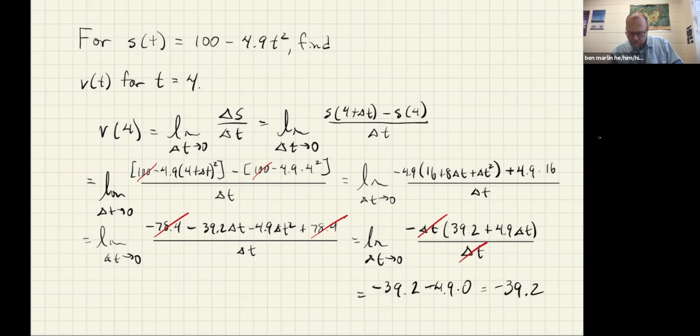For a problem like this, we're probably talking about meters per second for our units. Anyway, that gets us the idea here. You have to go ahead and do these limits as delta t or delta x or whatever goes to 0, but it's mainly just doing lots and lots of algebra, all right?